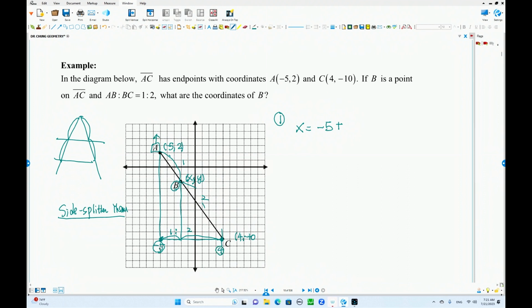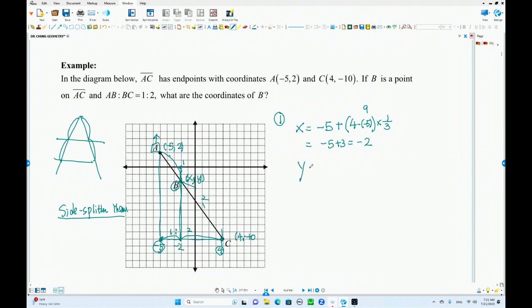So 4 minus -5, but we take only 1 out of 3, so times 1/3. 4 minus -5 is 9, and 9 times 1/3 is 3. It's going to equal -2.